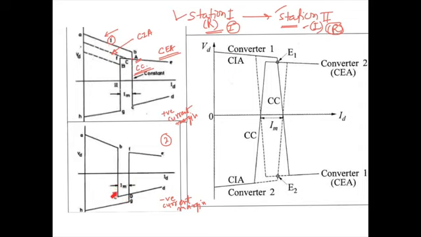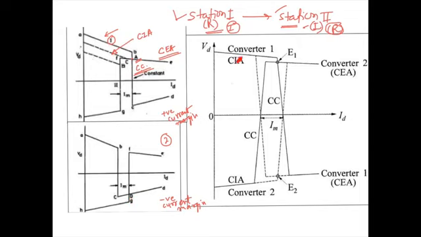So this is the constant current characteristic of station 1, and this is constant current characteristic of station 2, which is now acting as a rectifier, and then HG is constant ignition angle characteristic of station 2, which is now acting as a rectifier. Since the current references of station 1 and 2 are interchanged, we get a new operating point, that is point D, where the HVDC link will be working now.